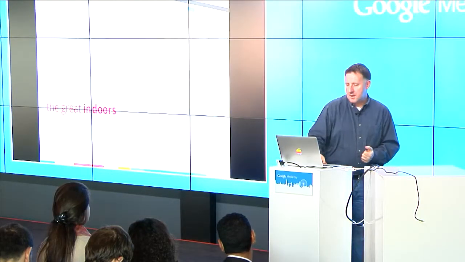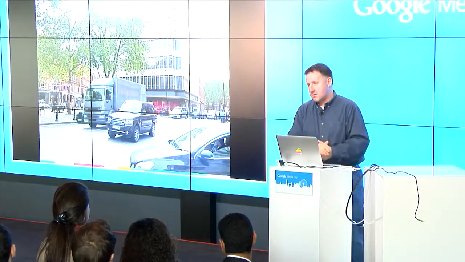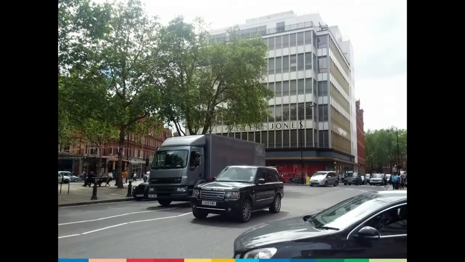This is the local department store to our offices in Victoria. This is Peter Jones on Sloane Square. And Peter Jones is run by the John Lewis Partnership, and they got in contact with us as they were rolling out Wi-Fi infrastructure for inside of the store. So as you're wandering around the store, you can be checking the goods and products you're buying online on your smartphone or on your tablet, and they're always very confident that they'll always match a low price, so they put this infrastructure in.